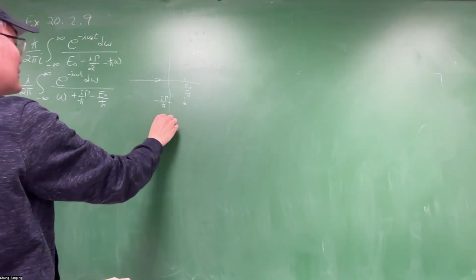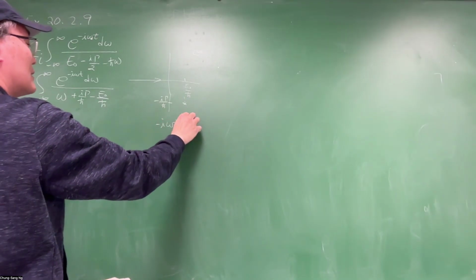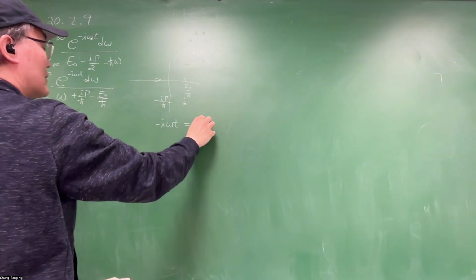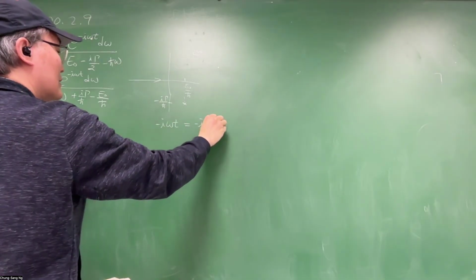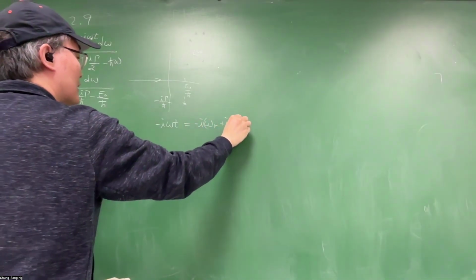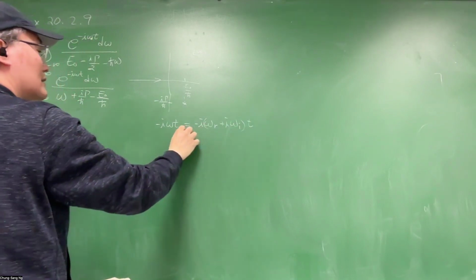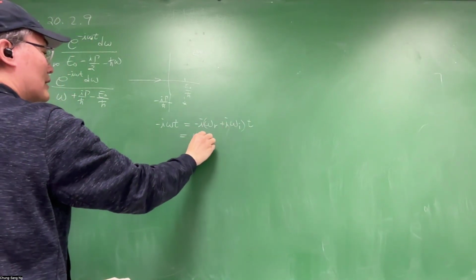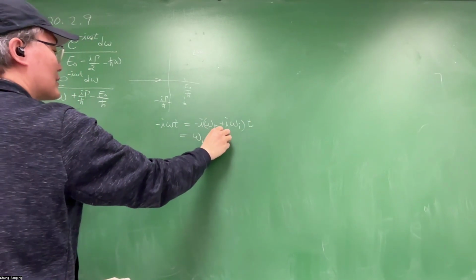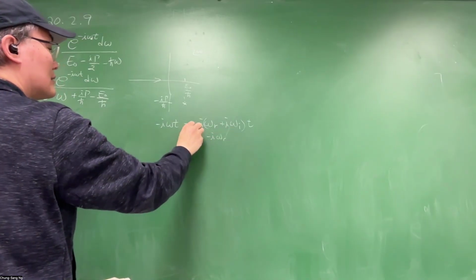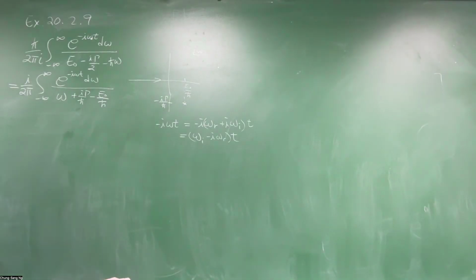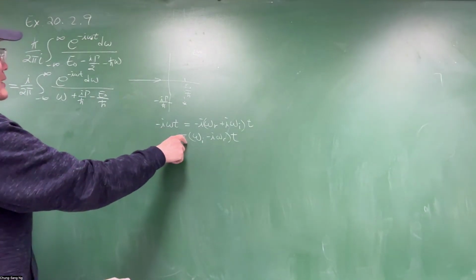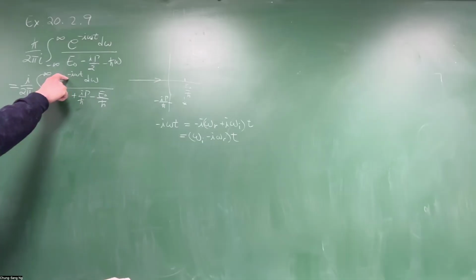So minus i omega t equals minus i omega real plus omega I t, right, equals omega I minus i omega R times t, right? And this is the argument of the exponential function.